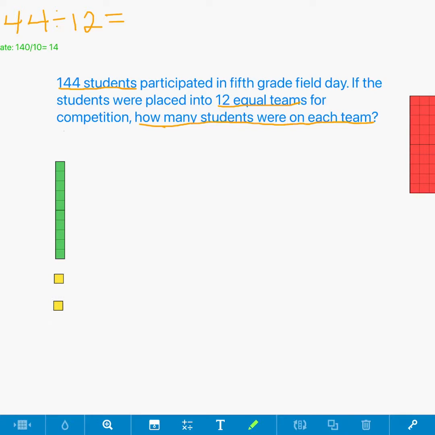And I know that 144 should be inside of my square. And I know that doesn't look amazing. Let's try this again. Okay. Here's my area model using base 10 blocks.